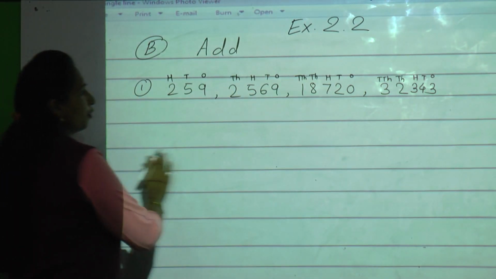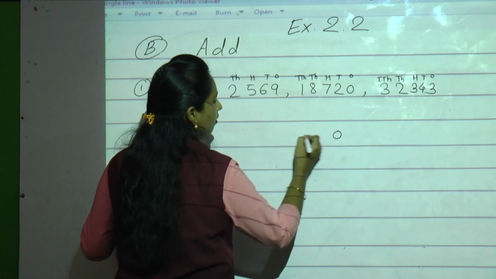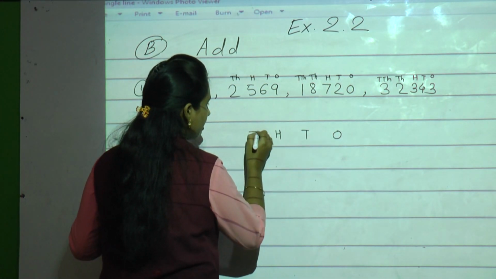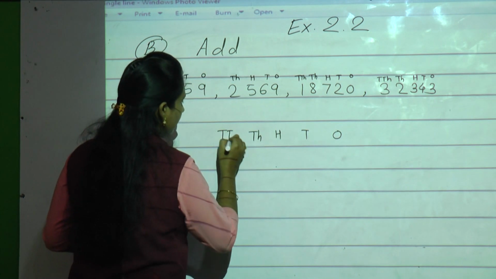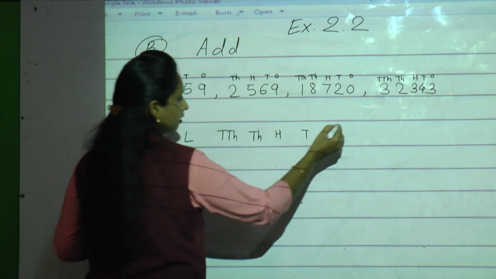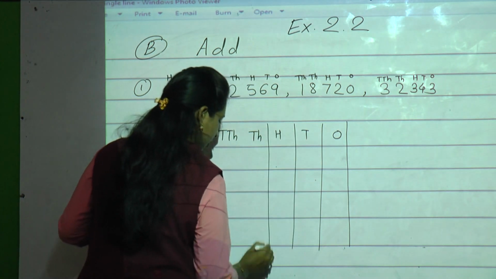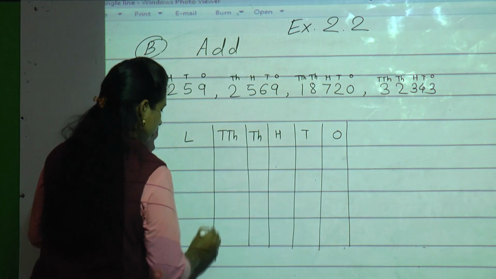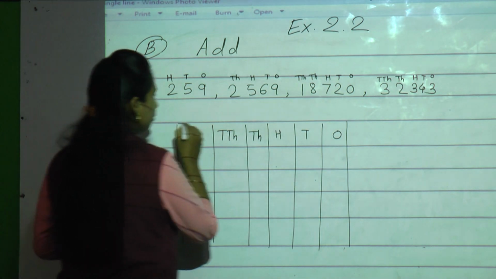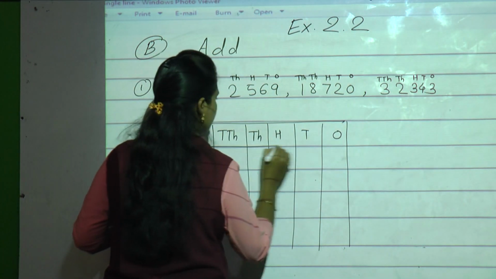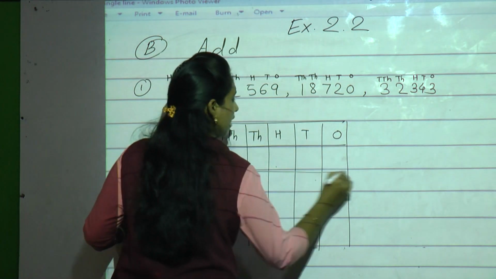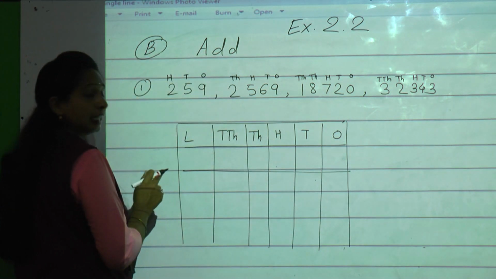So I'll draw here ones, tens, 100, 1000, 10,000 till lakh. These columns you have to draw with pencils. I will leave one box for carry.